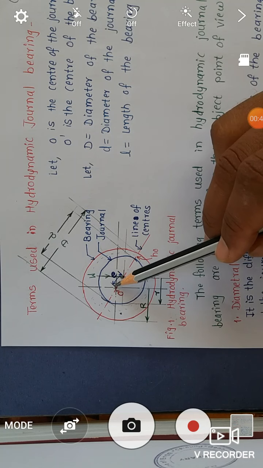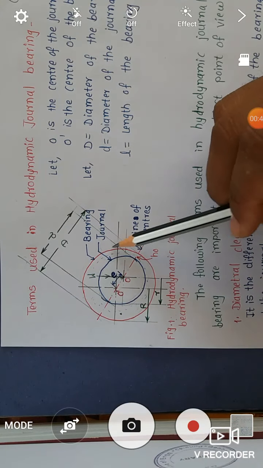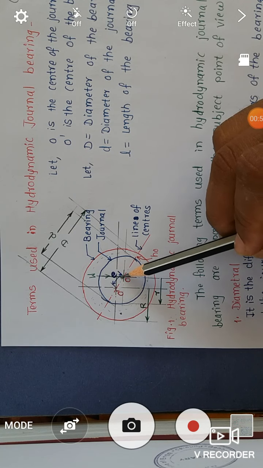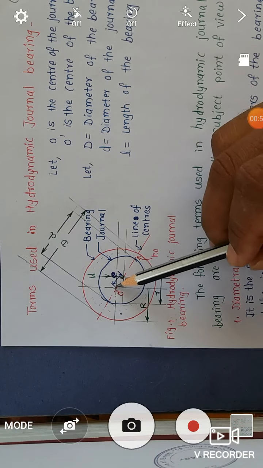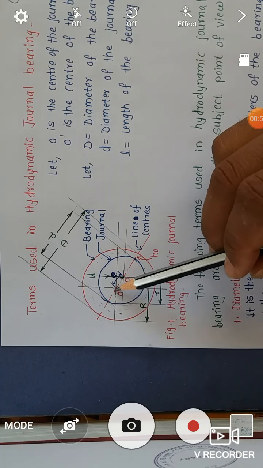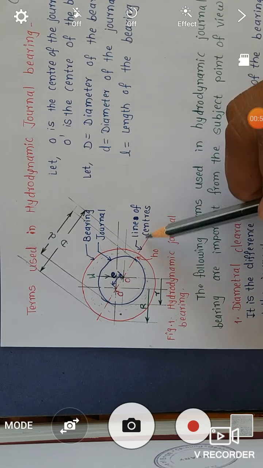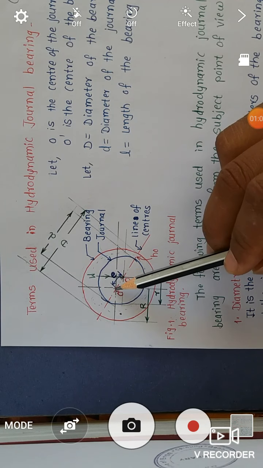O dash is the center point for this bearing, and if we connect center to center, this line is called the line of centers, which passes through O and O dash.